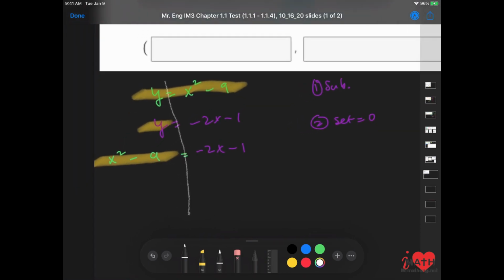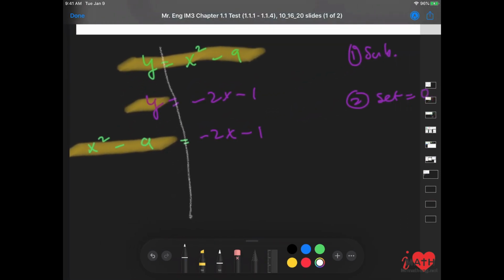You have to think ahead. I could move the green to the right side, to the purple, or I can move the purple to the left side, the green side. I'm going to choose to move the purple to the green. Why? Because it'll keep the a value positive. Watch. There are no like terms.